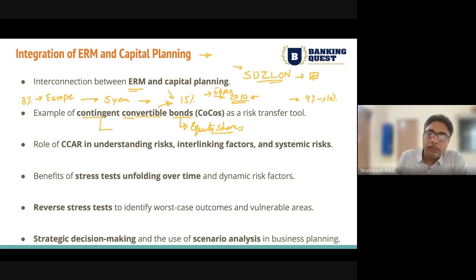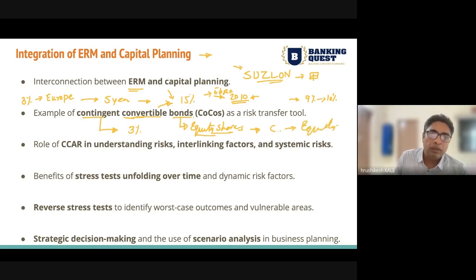And contingent means depending upon certain things happening. So let's say if the GDP of the country falls below 3%, the bonds will get converted into equity shares. So you will no longer get your coupon, but you will get an equity share for the bond.